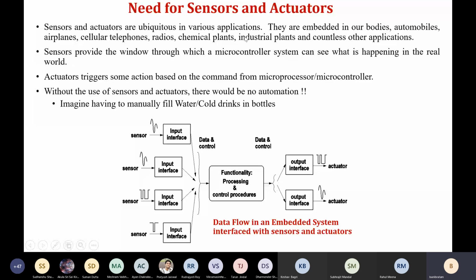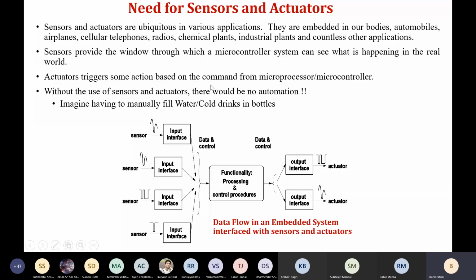And without sensors and actuators, you cannot think of automation. Like in some industries, if we want to fill water or cold drink bottles which are in crowds manually, it is quite a tedious job, and obviously not an efficient approach.